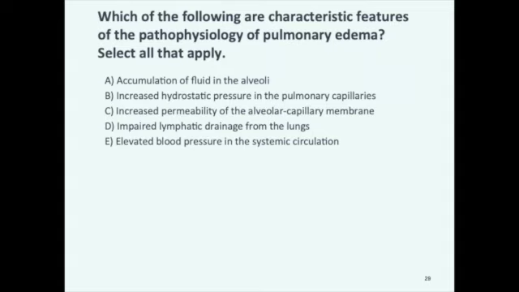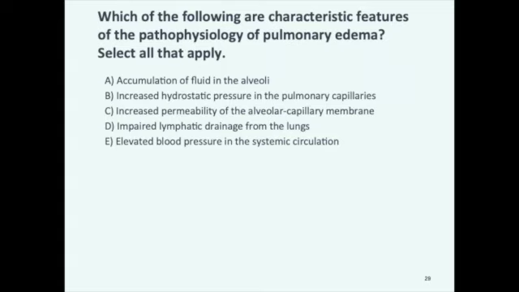When you have elevated blood pressure in your systemic circulation, like hypertension, it can contribute to the development of pulmonary edema as well. This increased systemic pressure is transmitted to the pulmonary capillaries, which results in an increase in hydrostatic pressure and fluid leaking into the alveoli.